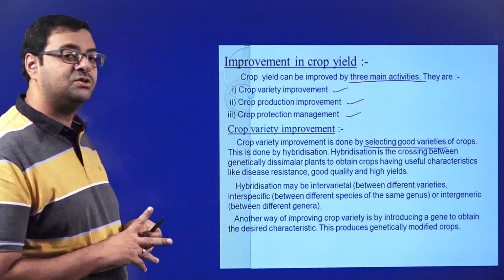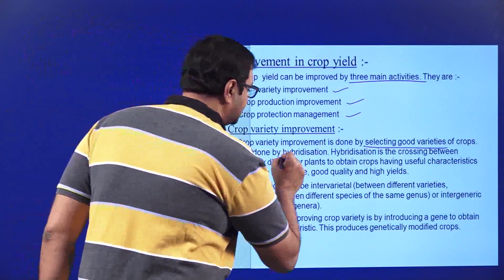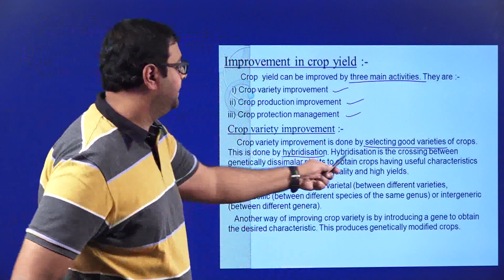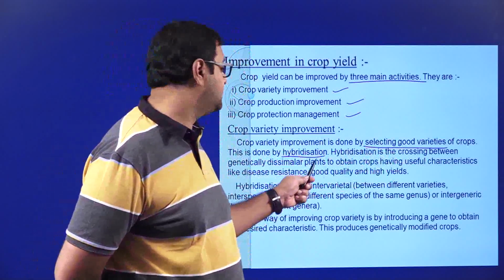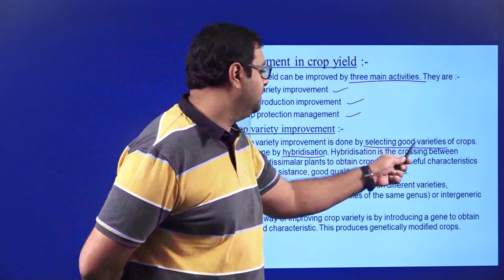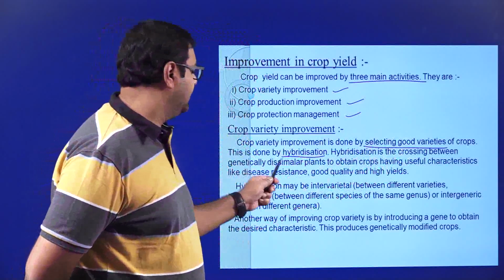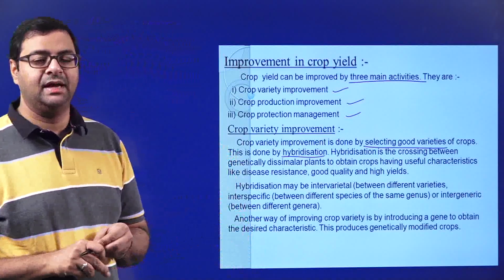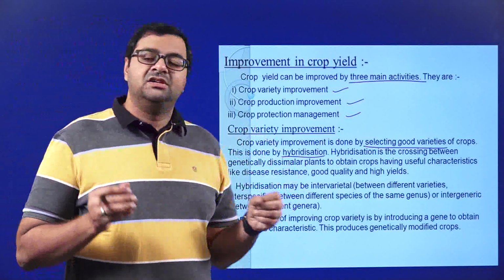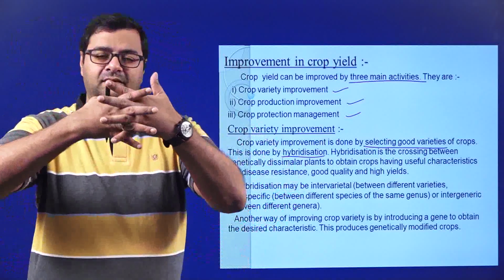Hybridization is a term which is introduced to you. Hybridization is the crossing between genetically dissimilar plants to obtain crops having useful characteristics like disease resistance, good quality and high yield. So hybridization is basically crossing.